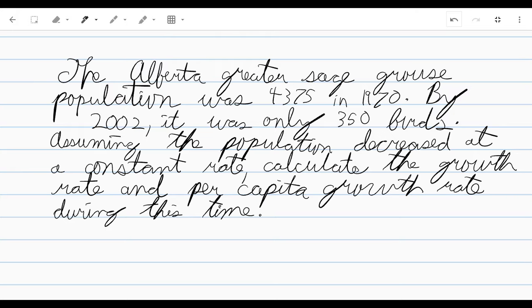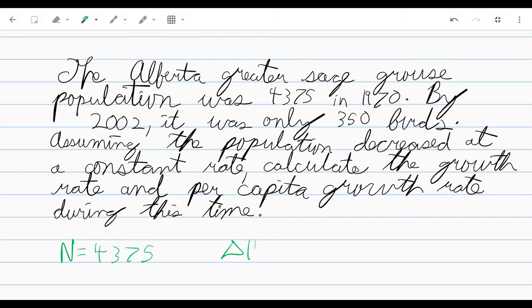So we started with 4,375 birds. Now we only have 350. So our N, which is going to be our initial population size, is going to be 4,375.